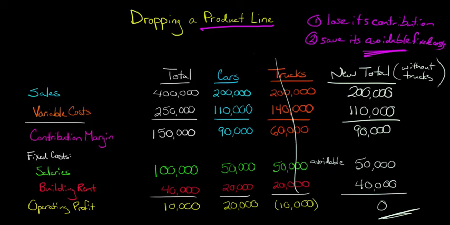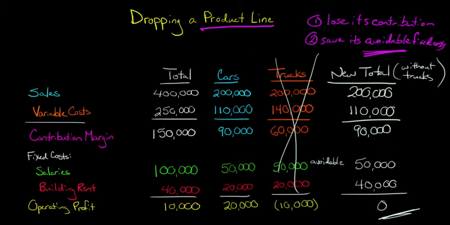We were allocating a common shared fixed cost that was shared by the truck and car divisions. And so when we decided to get rid of the truck division, that fixed cost was now completely allocated back to the car division.